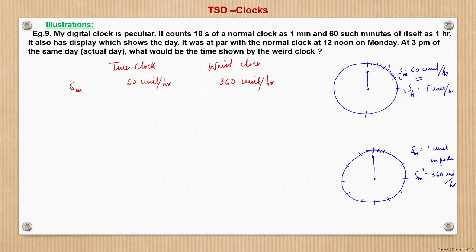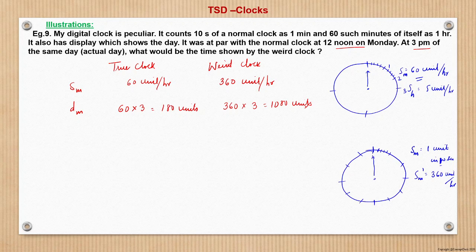Now what is the distance traveled by the minute hand of the actual clock in 3 hours, from 12 noon to 3 p.m.? That is 3 hours, so it will cover 60 into 3, which is 180 units, whereas the weird clock will cover 360 into 3, which is equal to 1080 units.